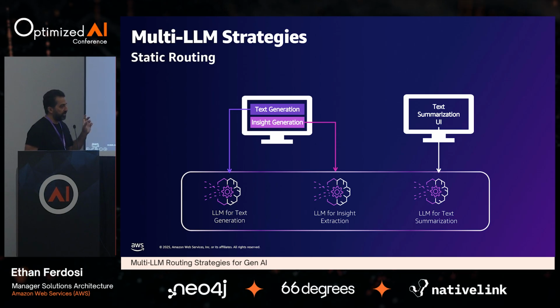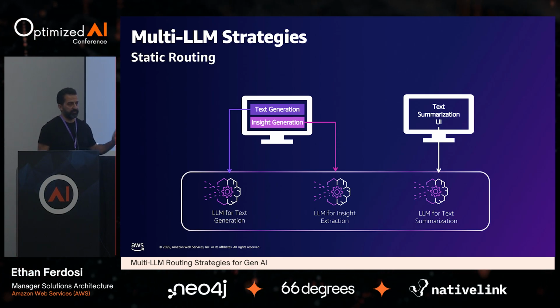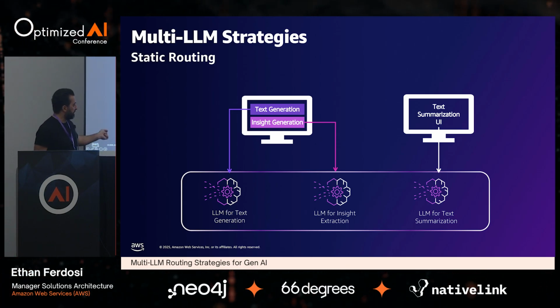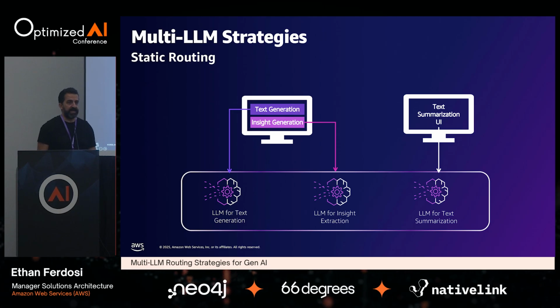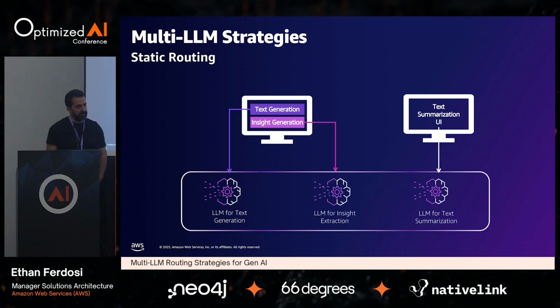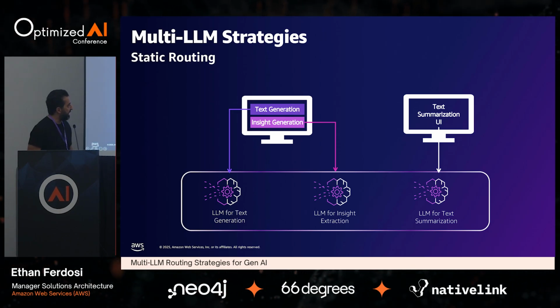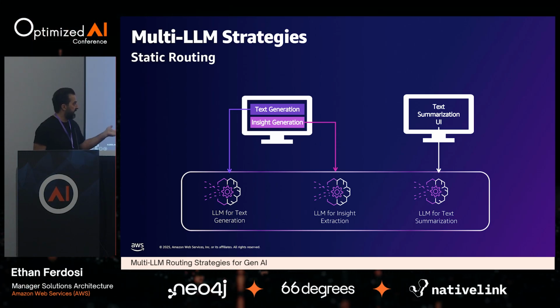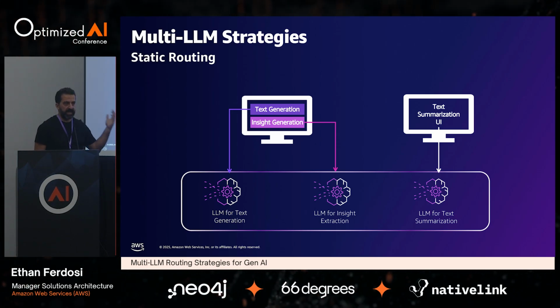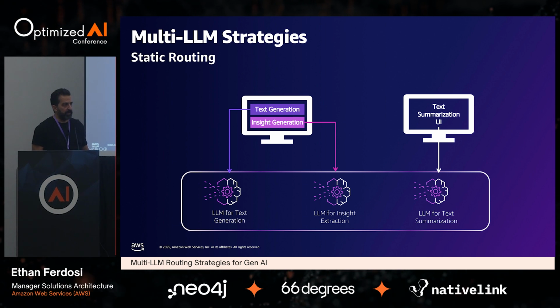That UI component directly links to a specific model that is good and optimized for text generation. In contrast, there is another team that wants to do some insight analysis to see how the ads are performing, so that UI component is linked to another model. And then a completely different unit in that company might do business analysis, and they need to do some text summarization on the output and on some performance data.